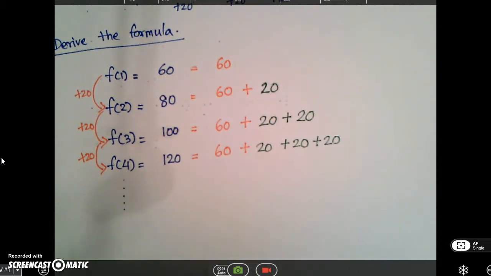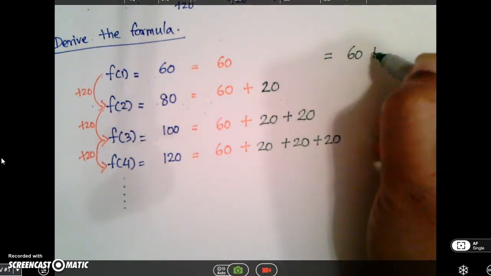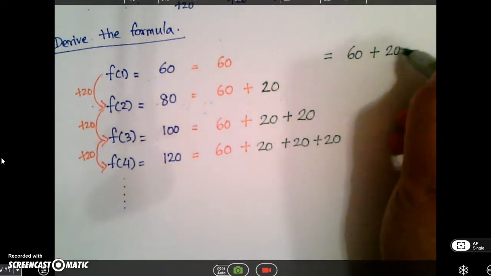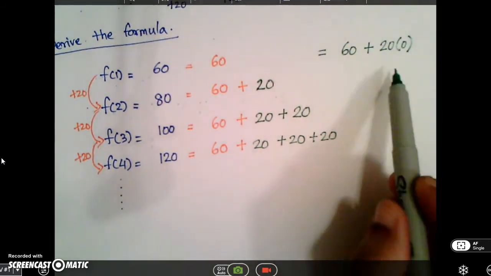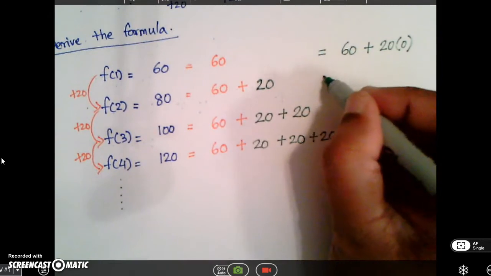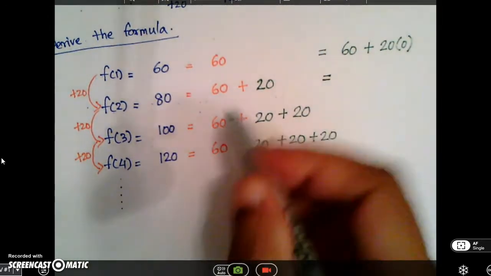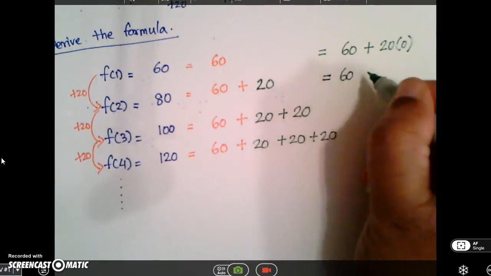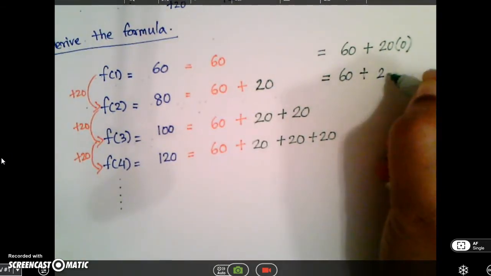So in this case, if you look closely, I have that 60 and I'm not adding anything to it. All right, I'm not adding any 20 to it. I have my second term, I have that 60, which is my first term, and I have that common difference 20.